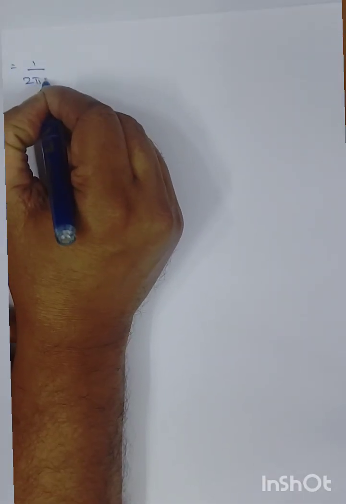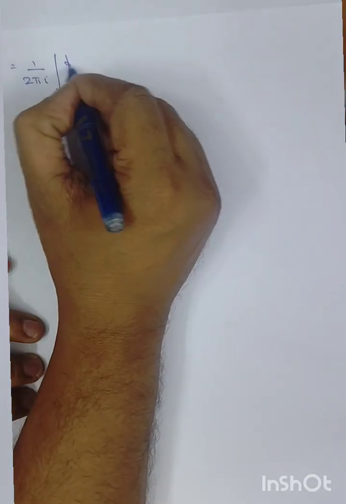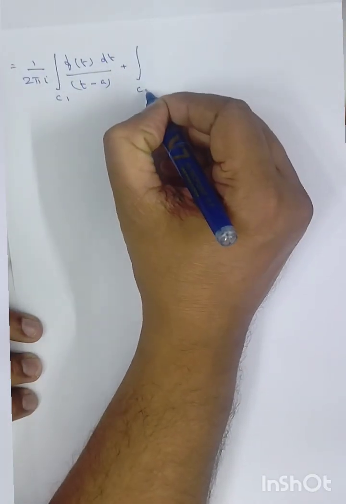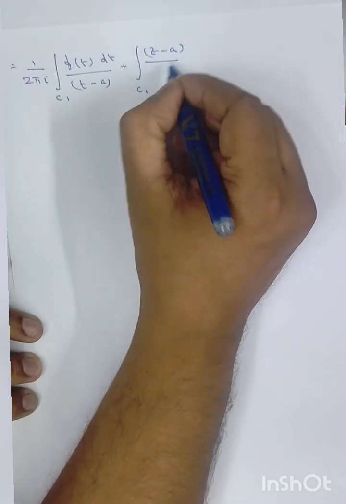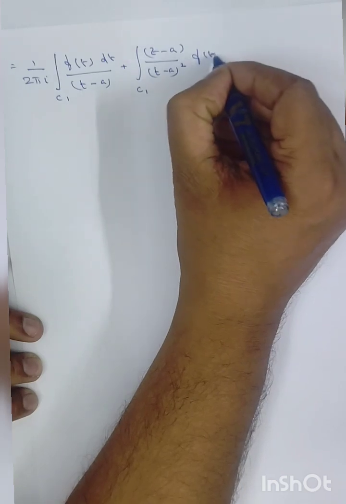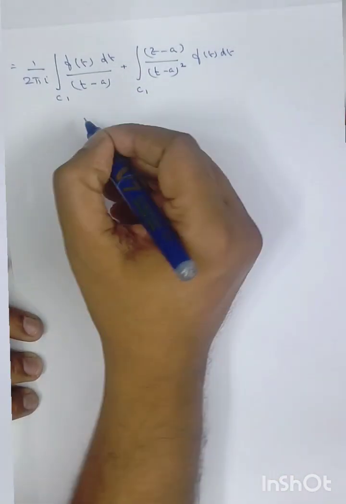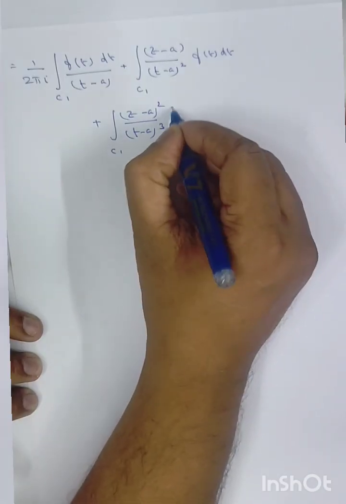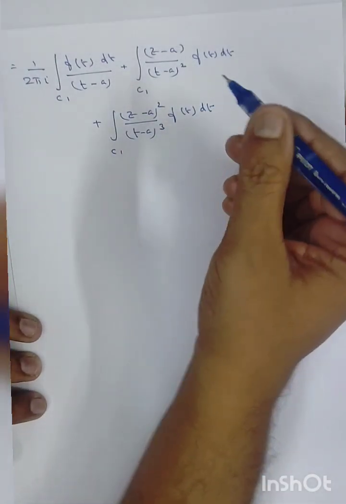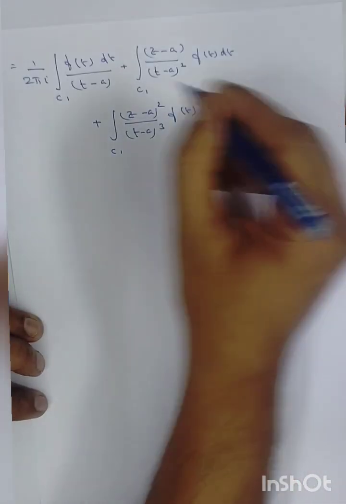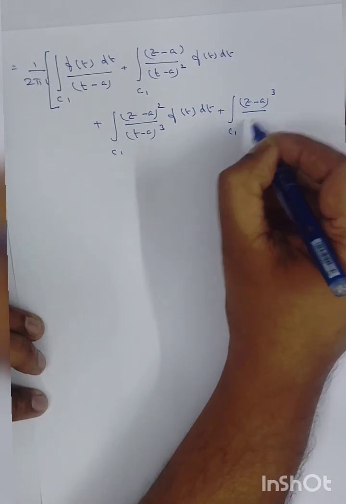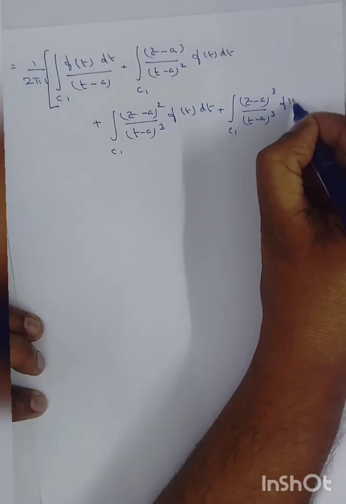So we will get 1 by 2 pi i, c1 f of t dt divided by t minus a, plus c1 z minus a divided by t minus a the whole square f of t dt, plus c1 z minus a the whole square divided by t minus a the whole cube f of t dt, plus c1 z minus a the whole cube divided by t minus a the whole power 4 f of t dt.